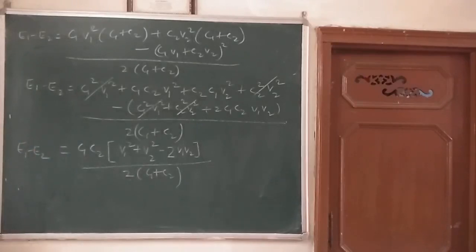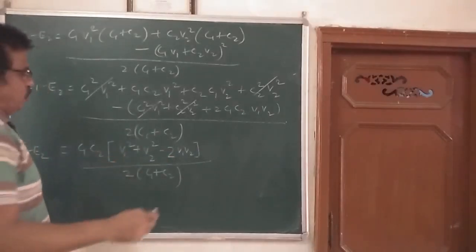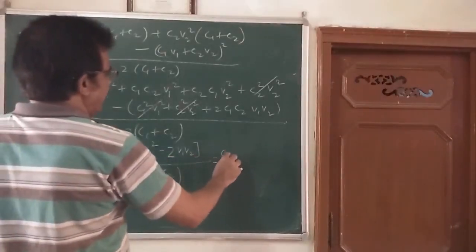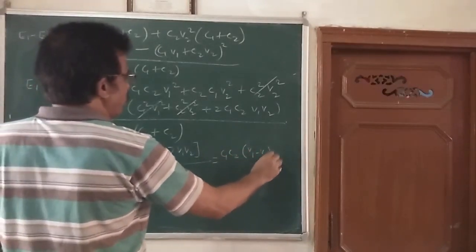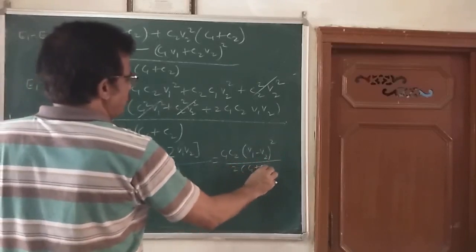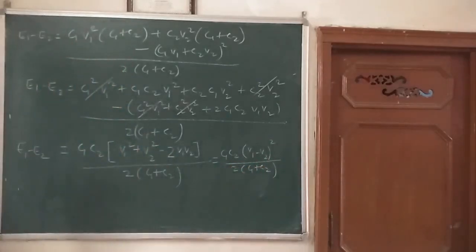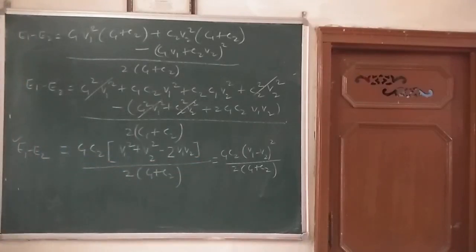Now see, what is this? A minus B whole square. So I can write C1 C2 into (V1 minus V2) whole square divided by twice of (C1 plus C2). So here E1 minus E2 is this. So what is the conclusion here?